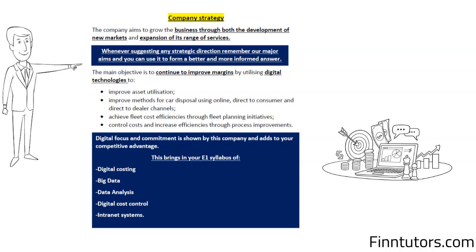Now, digital focus and commitment is shown by this company and adds to your comparative advantage. Again, this brings your E1 syllabus, digital costing, big data, digital cost control, intranet system, data analysis. All of this becomes a very realistic possibility as a question in your exam, and hence you should have good knowledge, good background about the same.